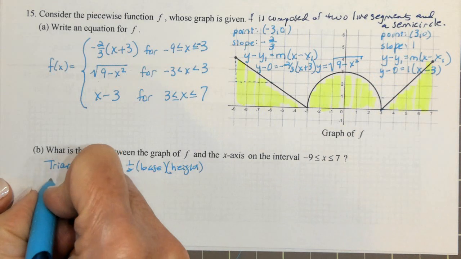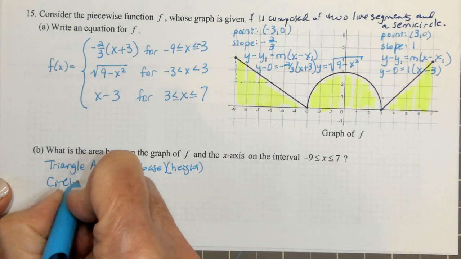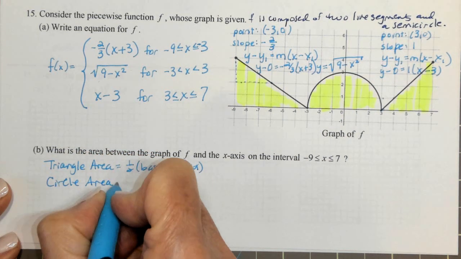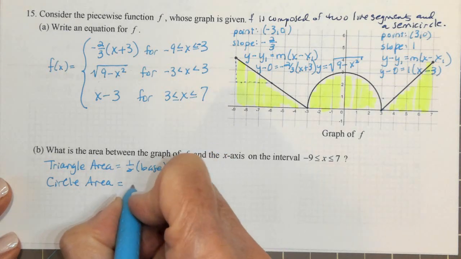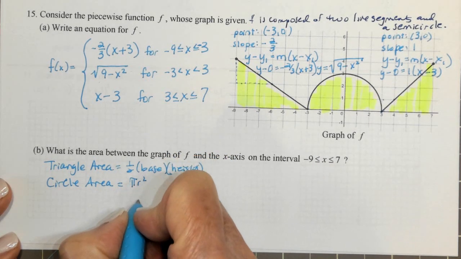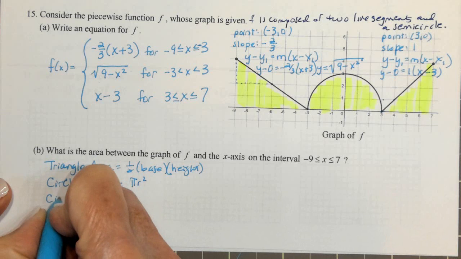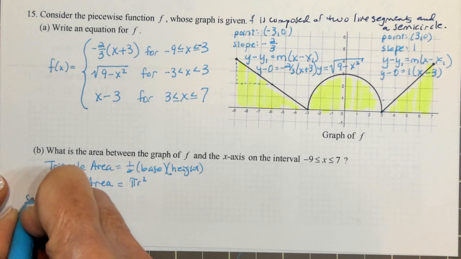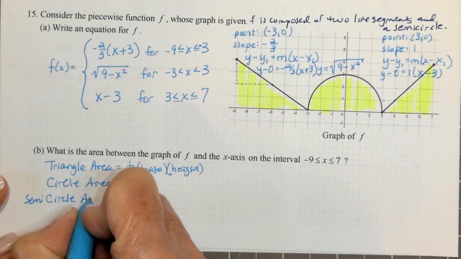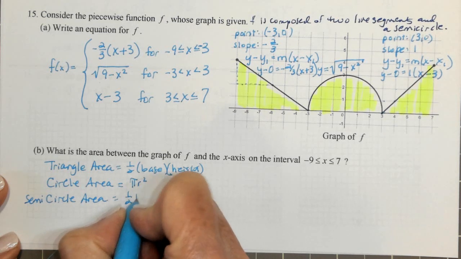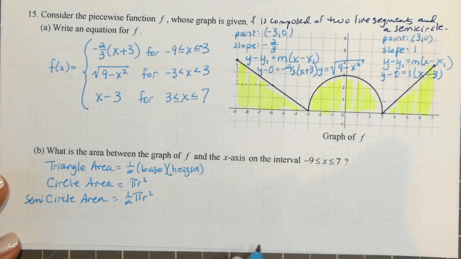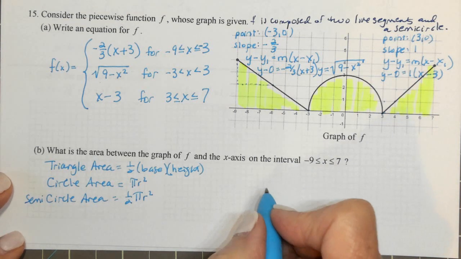Well, the area of a circle, I also need you to know that. I will not be giving you that formula. The area of a circle is pi r squared. So the area of a semicircle would be 1/2 pi r squared. The area of a quarter of a circle would be 1/4 pi r squared, etc.